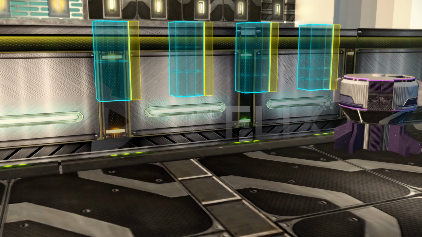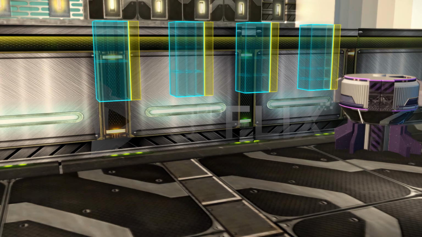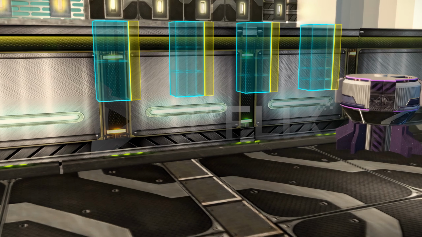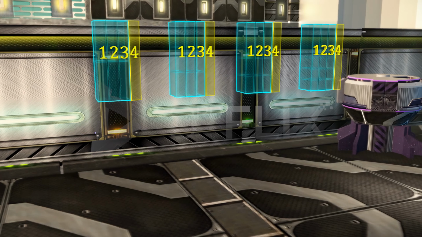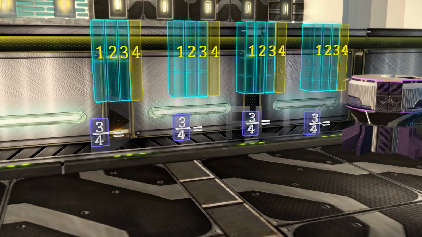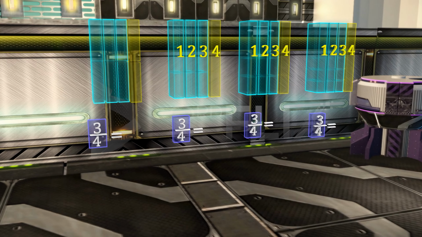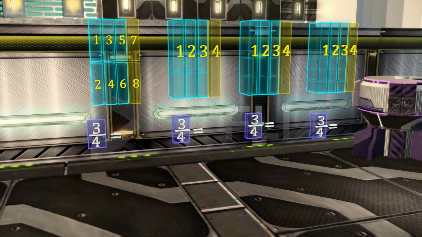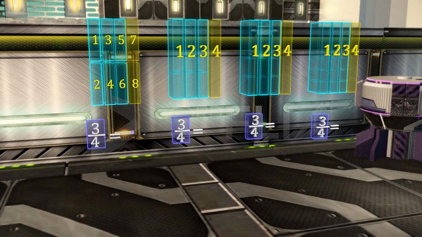Let us use division to get the equivalent fraction. Let's observe these blocks. From each one, we have selected 3 by 4th of it. If the same blocks have been divided by one horizontal cut, the same fraction represents 6 by 8.